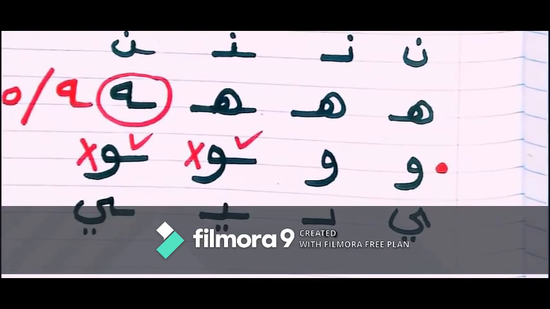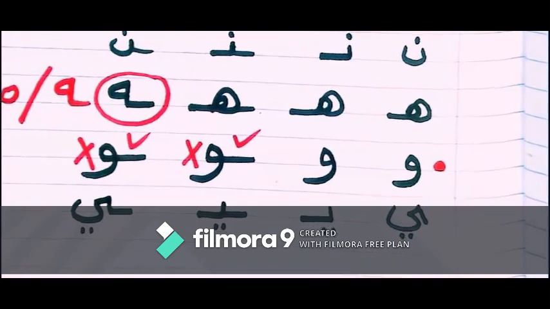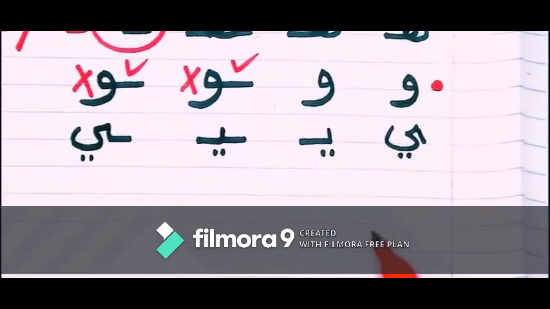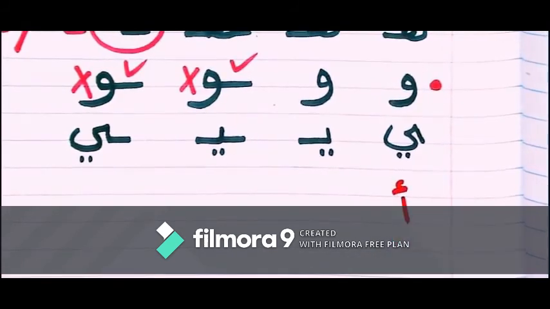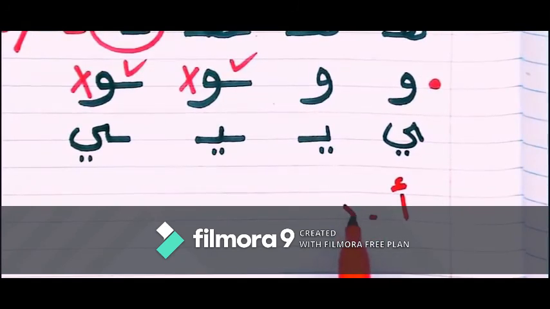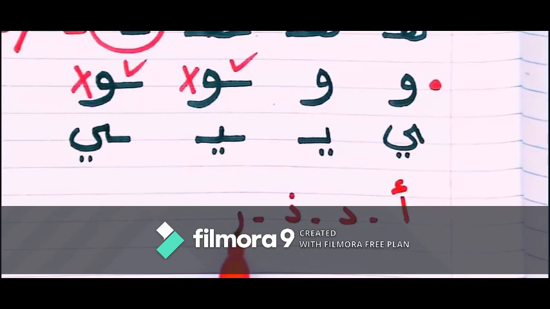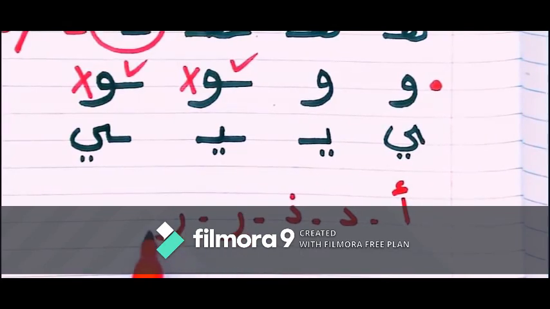So I'm going to show you the letters that do not get connected, the ones that I marked. So you always have to be careful with them. They do get connected in the medial form to anything before, but nothing after. So we start with alif, dal, dhal, ra, zay, and waw.